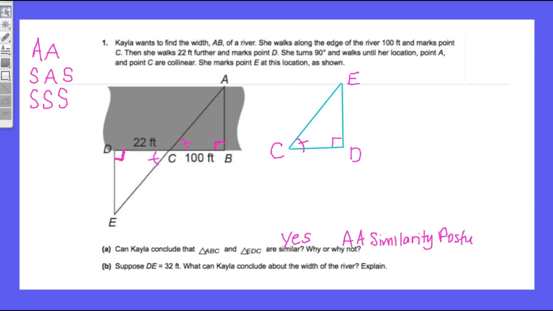So for the why or why not, that's really what I'm looking for there, is that you know which postulate works. Okay, does that make sense? How you choose angle, angle? That one's probably the most common way to identify similar triangles. Okay, let me know if that doesn't make sense.